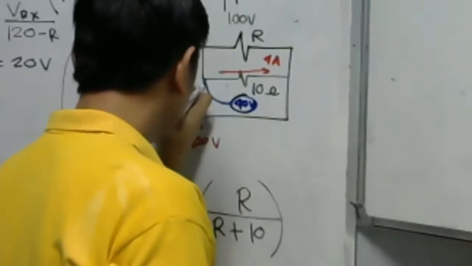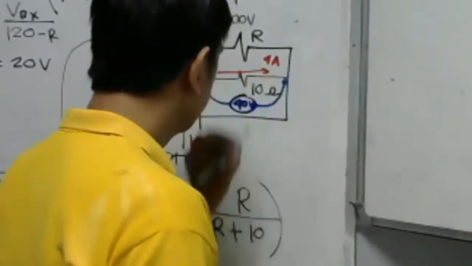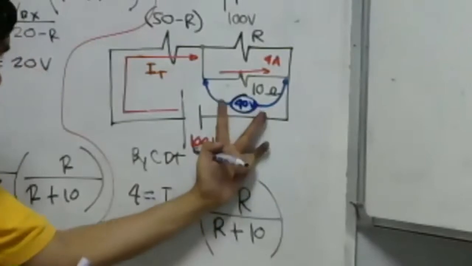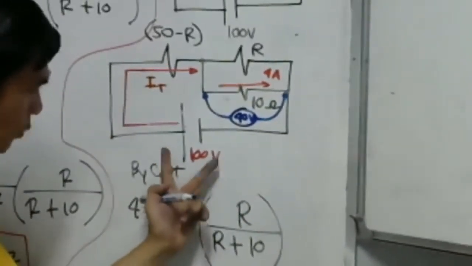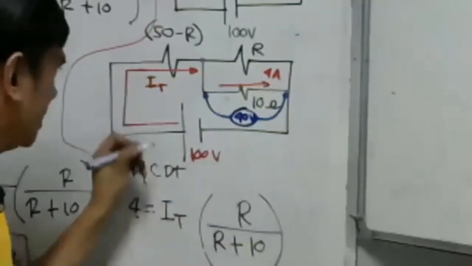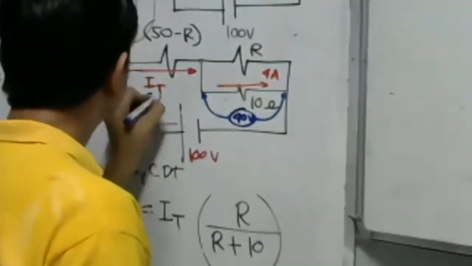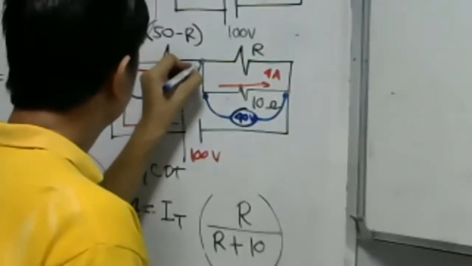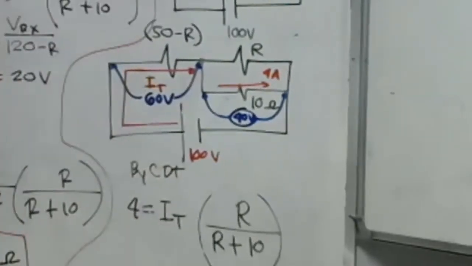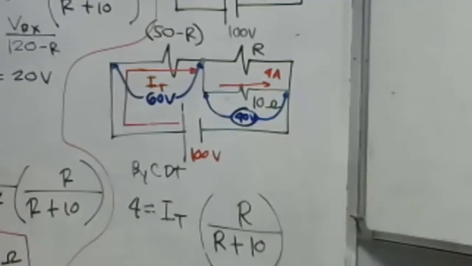If we have a voltmeter here, that is 40 volts. Of course, what will be left here? That is 100 minus 40. We'll come up with 60 volts here. Okay, makinig mabuti. Medyo mahirap ito, makinig.